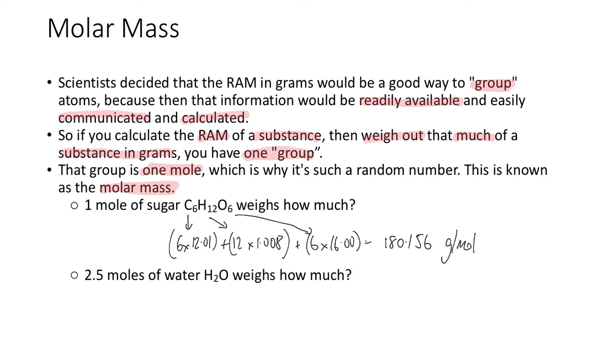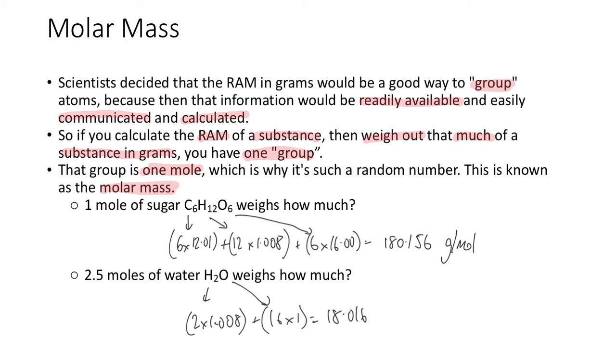2.5 moles of water weighs how much? Let's have a think. Water is 2 times 1.008, and oxygen is 16 times 1, which is equal to 18.016. Then 2.5 moles of that would be 2.5 times that.